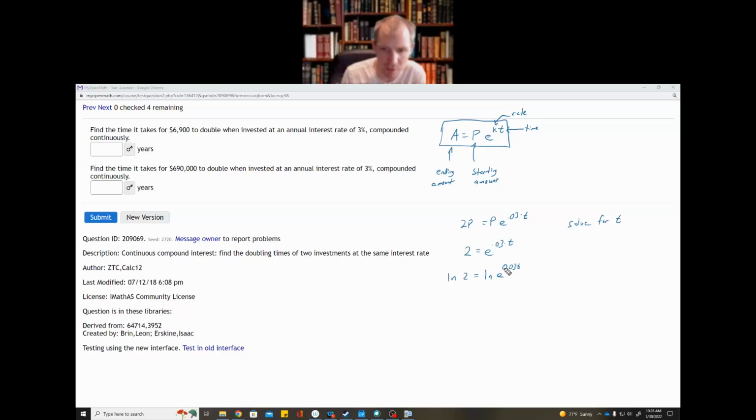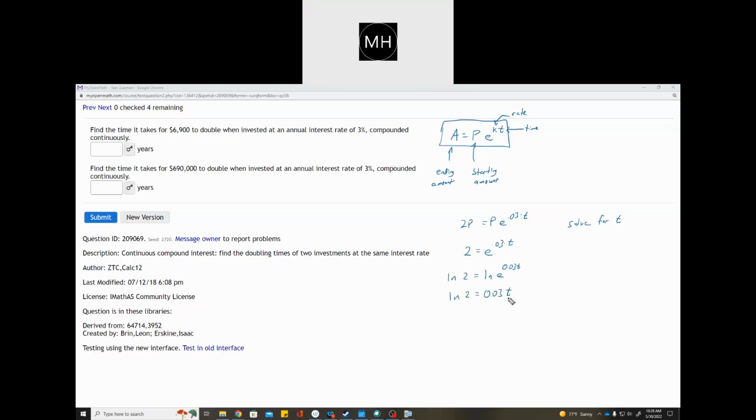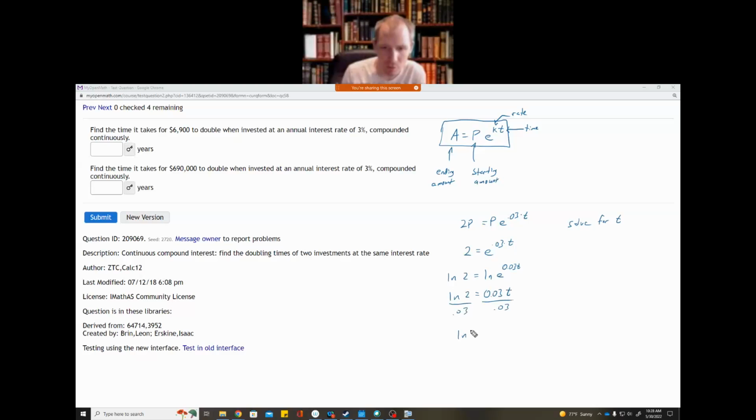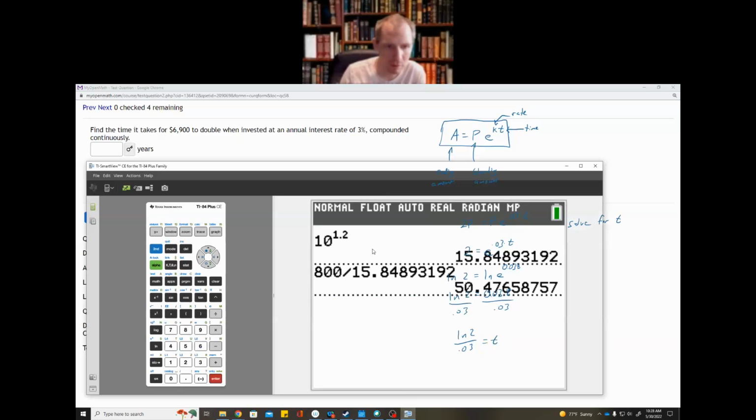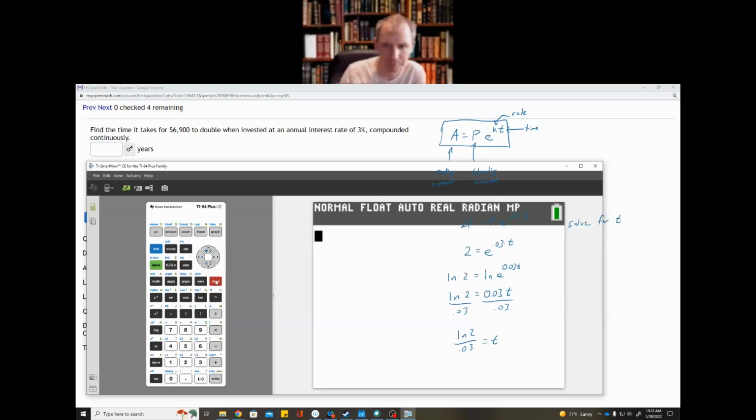Natural log of e to stuff just gives me that inside stuff. So to solve for t, I just divide both sides by 0.03. So ln of 2 over 0.03 is the time it takes to double. And I'll just go ahead and plug that into my calculator.